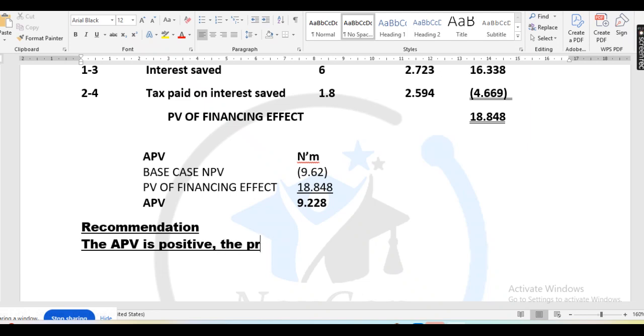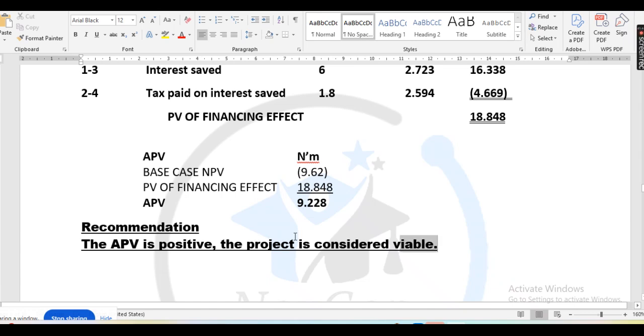The project is considered viable. You can use viable. Okay, so that's all. Just this base case NPV.